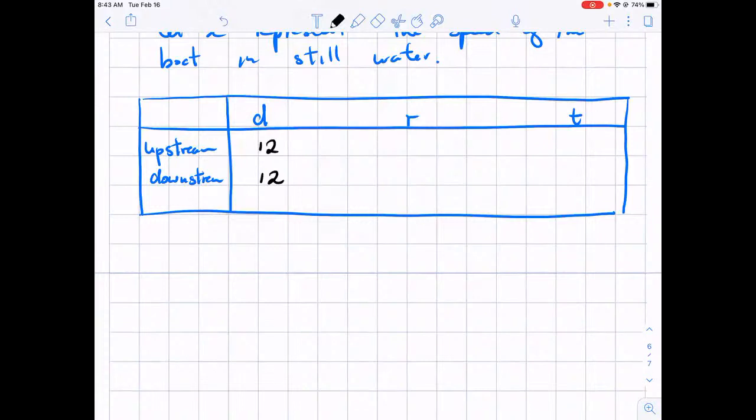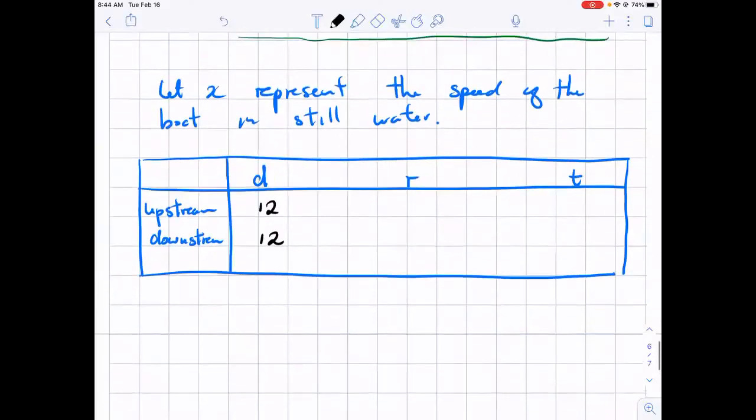Now, remember, if you're going with the current, you add, and if you're going against the current, you subtract. So if I'm going upstream, I have to subtract. And if I'm going downstream, I have to add.